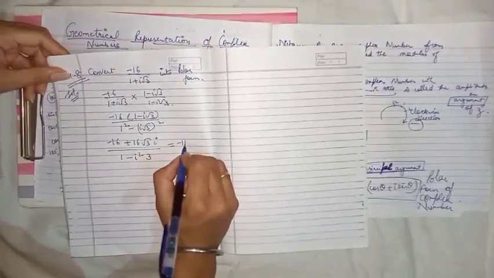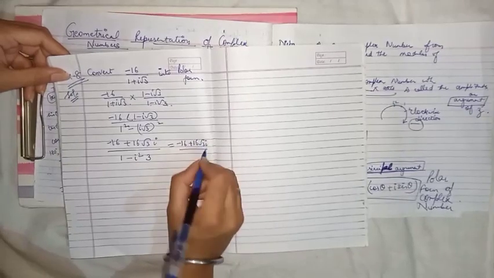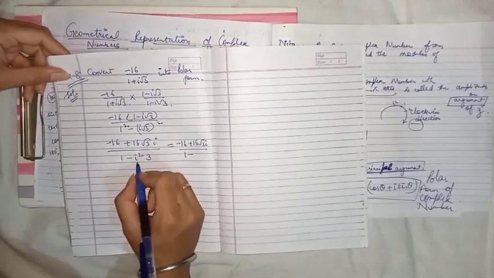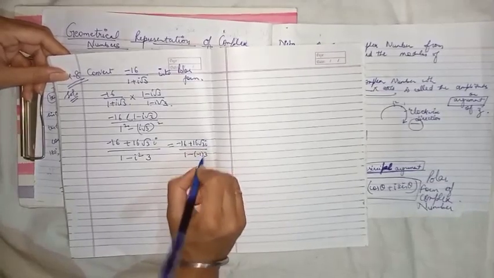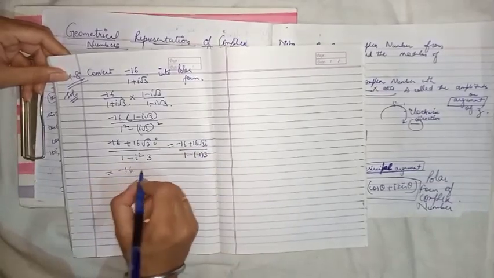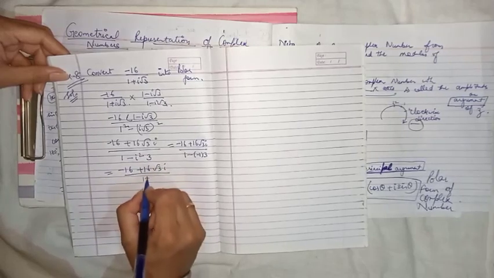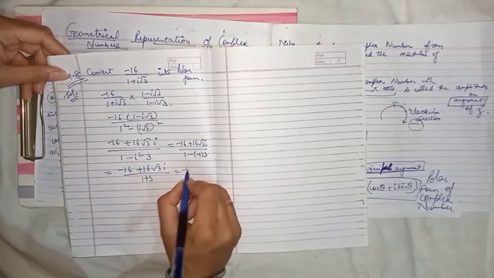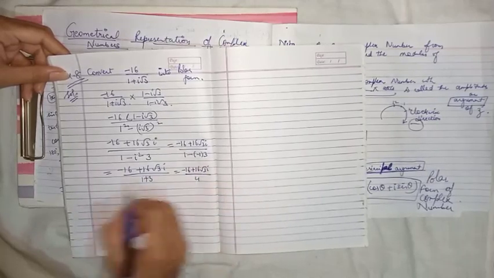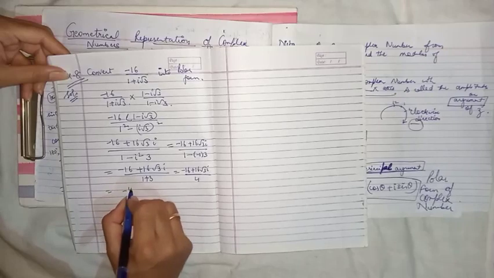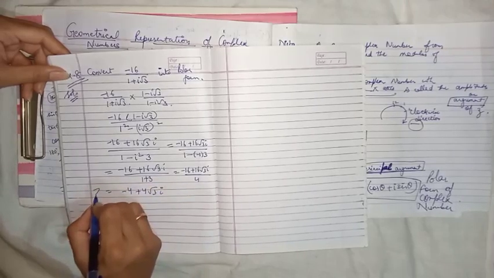The value of iota square is minus 1, so it will be minus 1 into 3, that is minus 16 plus 16 root 3 iota over 1 plus 3, that is over 4, that is minus 4 plus 4 root 3 iota. This is our z.